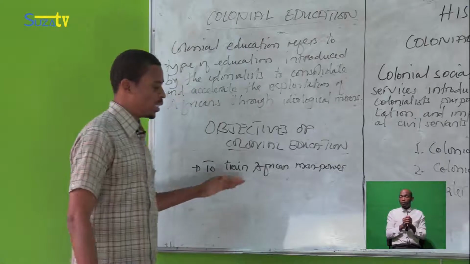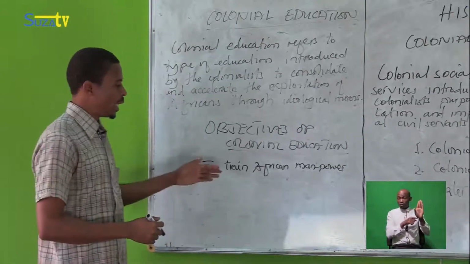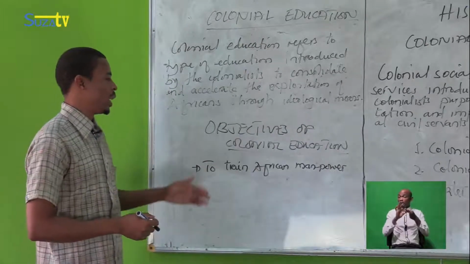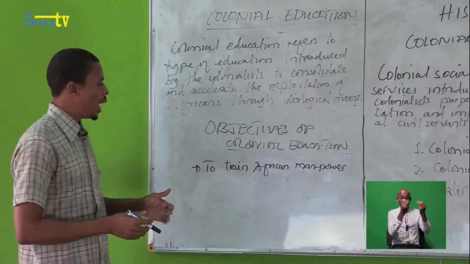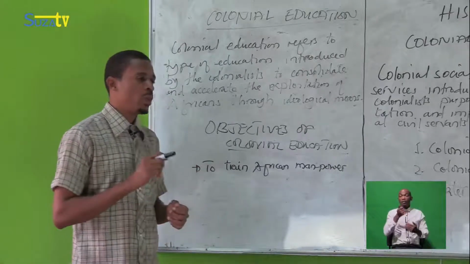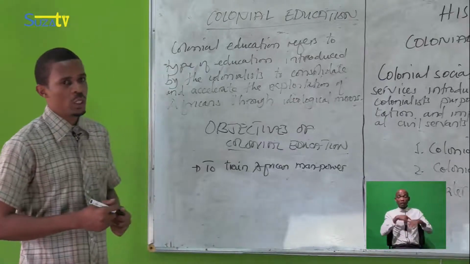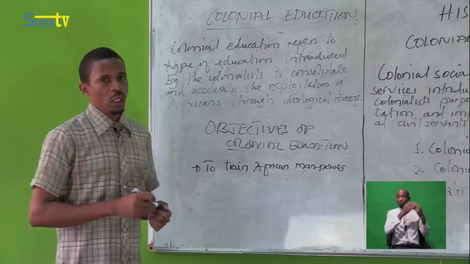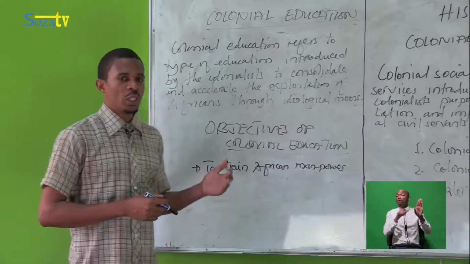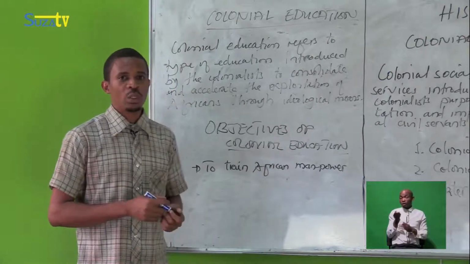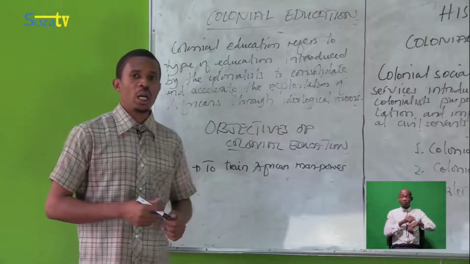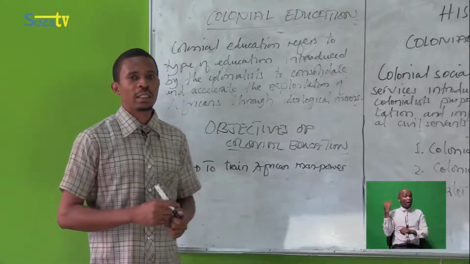These Africans who attained colonial education worked alongside and helped the whites in performing some duties in Africa. The positions held by some Africans during the colonial era were clerks.